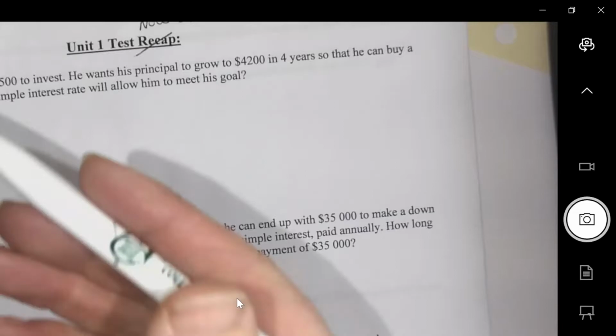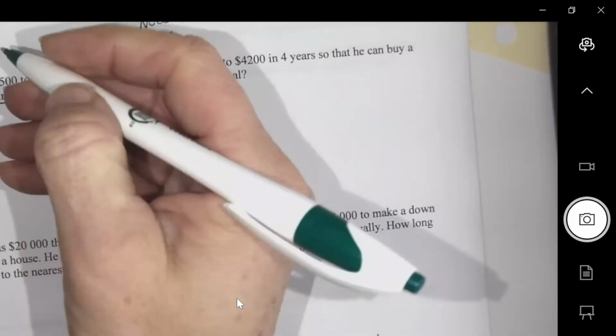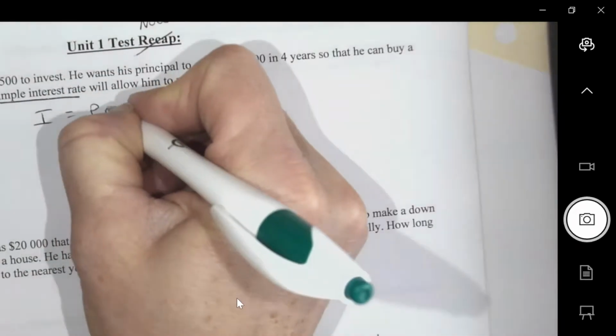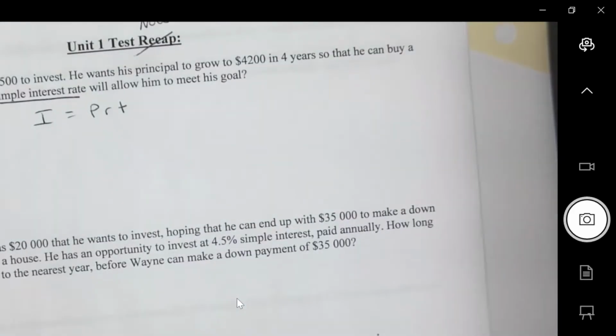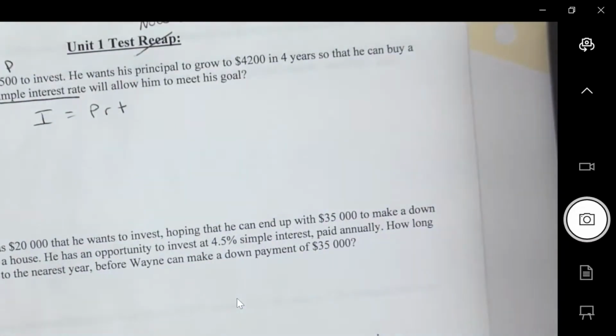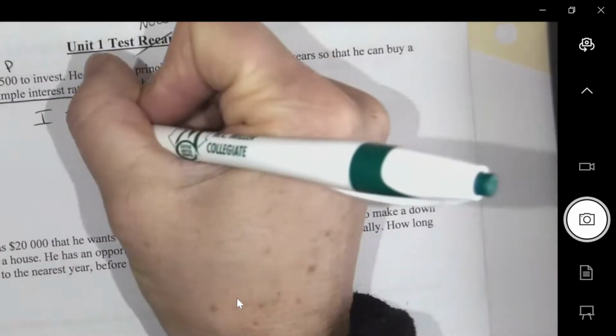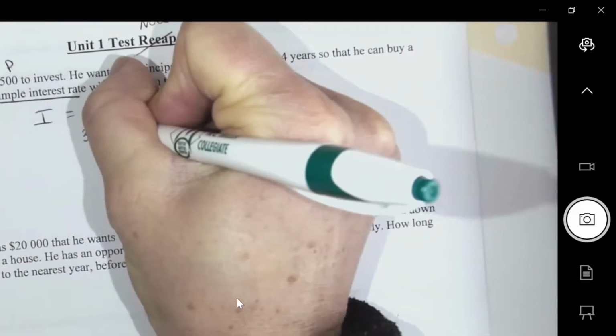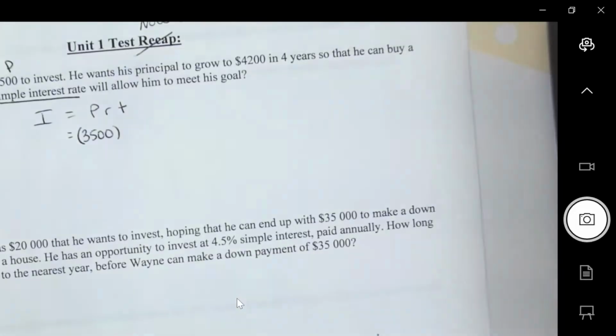Simple. We saw simple interest rate was asked. So there we go, that is a formula that we use with simple interest. Okay, Kevin has $3,500 to invest. That's the start, so that's a P. So $3,500 is going to go in the principal.